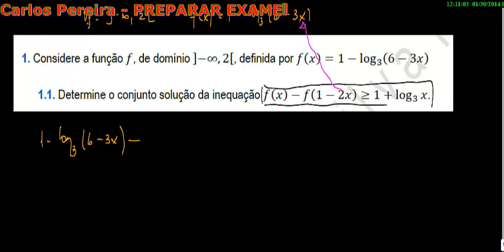You are going to substitute 1 minus 2 times x at x in the function f, you see. So you must be careful with the signs.